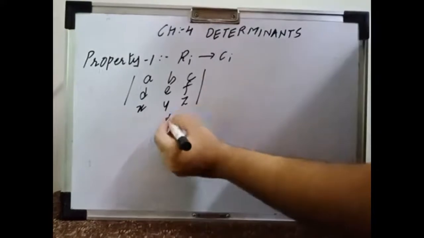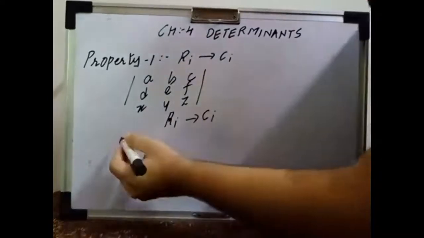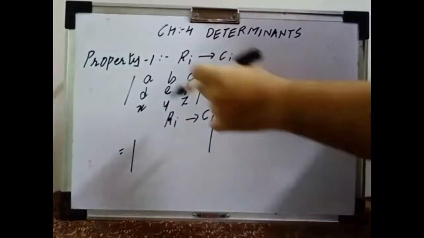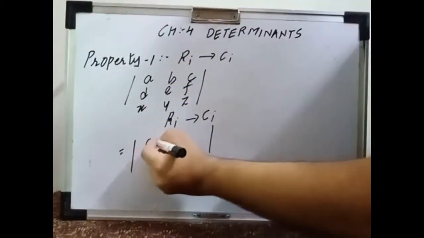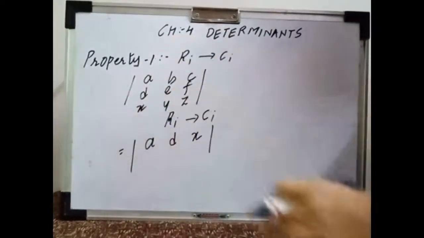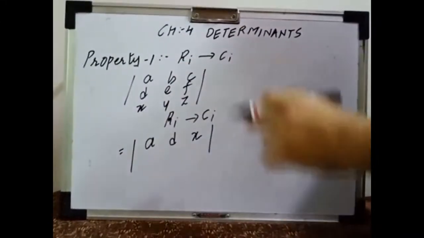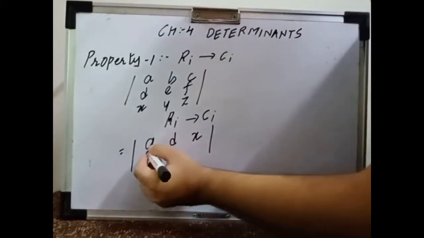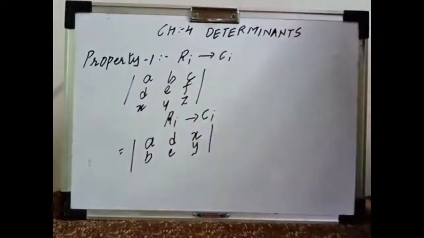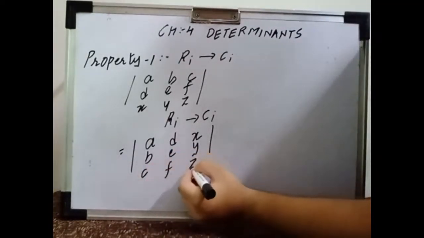If I apply Ri to Ci, then this first column will become your first row: A, D, X. This second column will become your second row: B, E, Y. This third column will become your third row: C, F, Z. Right.